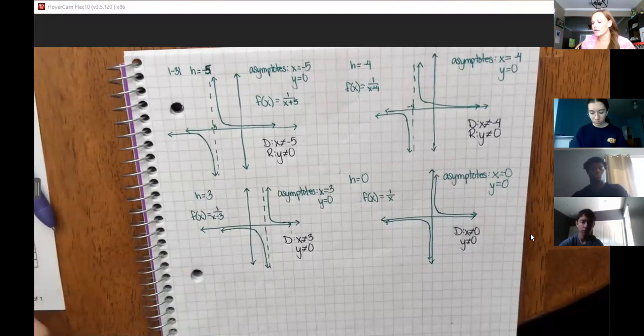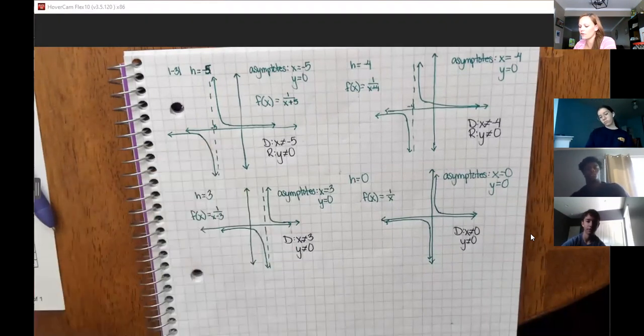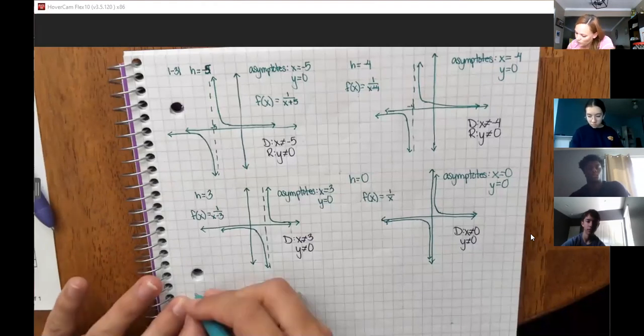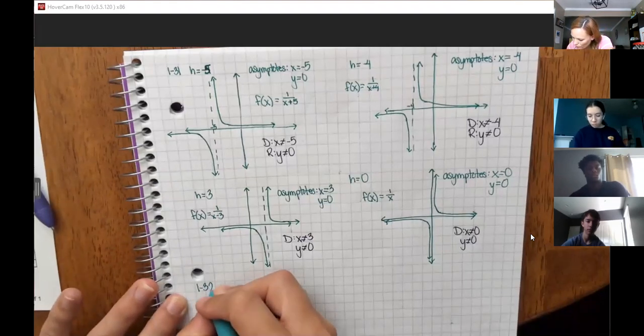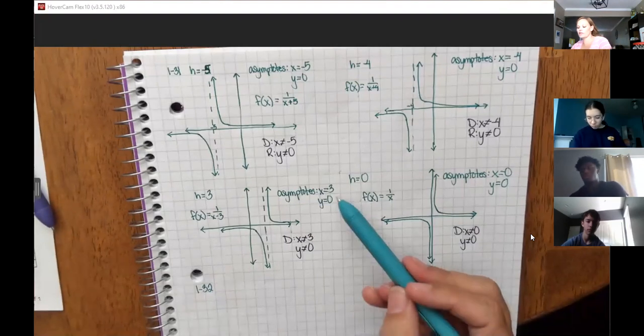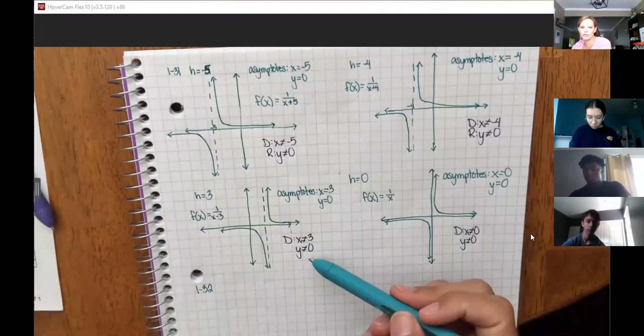Any of these equations in the form 1 over x plus or minus a number are going to look like this. They're going to have 2 pieces and 2 asymptotes. And the domain and range are always going to correspond to those asymptotes.